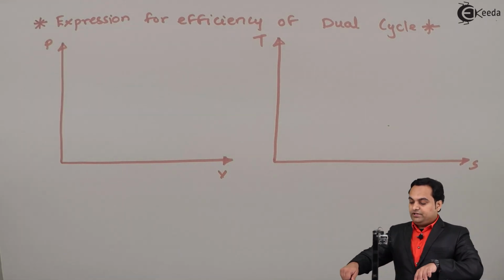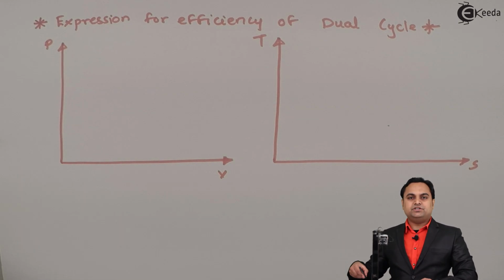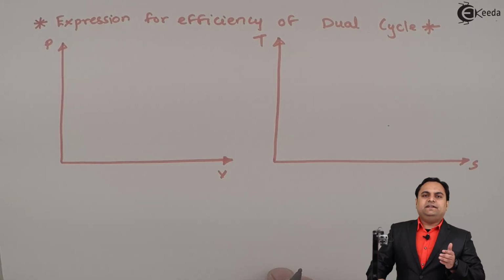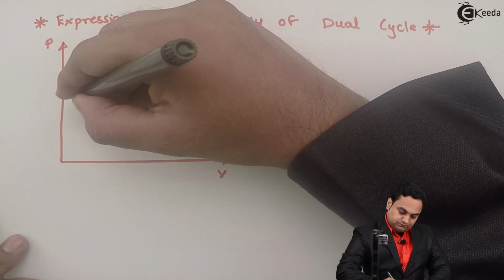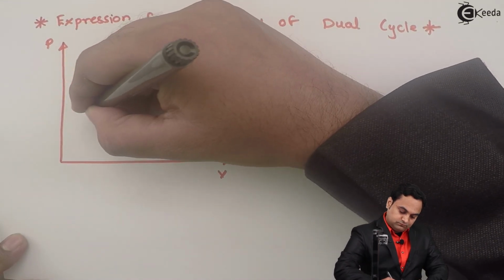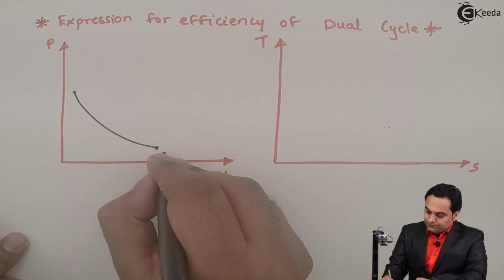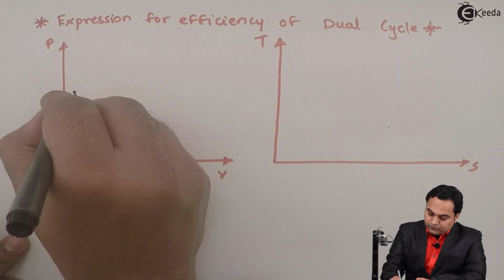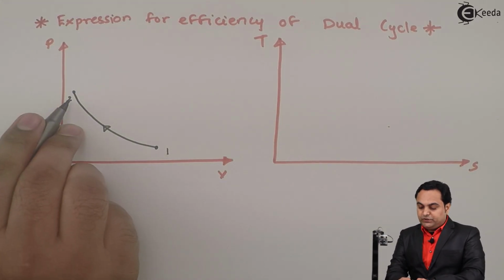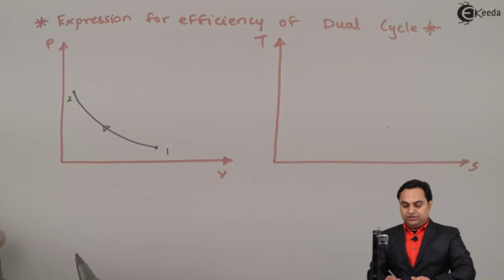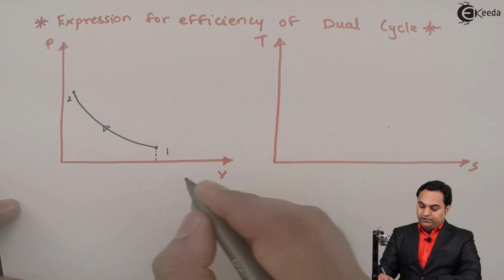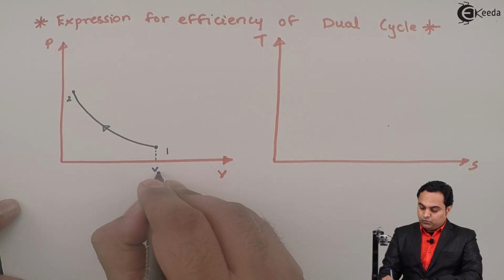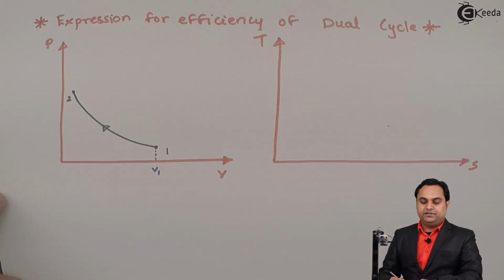So now in case of dual cycle, the first process is reversible adiabatic or isentropic compression. So now this process 1 to 2 indicates isentropic compression, wherein we can see that at point number 1 the volume is V1, that is the volume is greater.